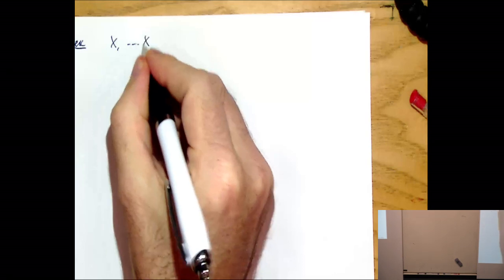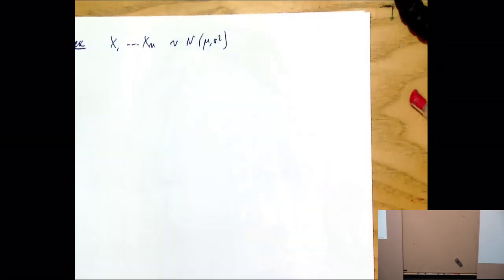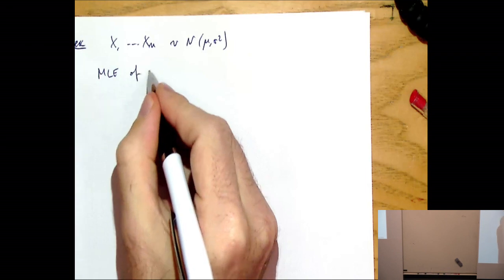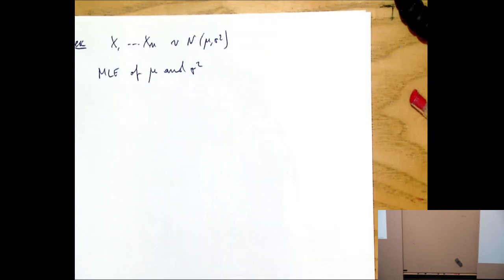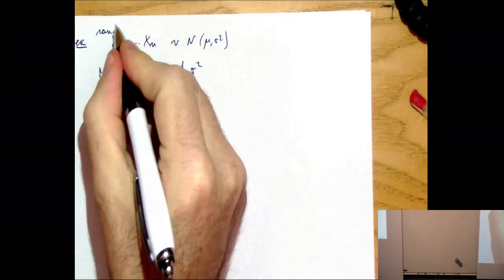So if you have, again, a random sample, x1 all the way to xn, normally distributed, now what I want to find is the maximum likelihood estimator of mu and sigma squared, right? So this is a random sample.